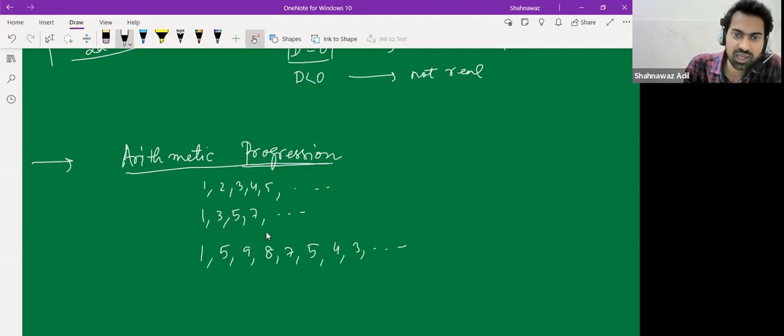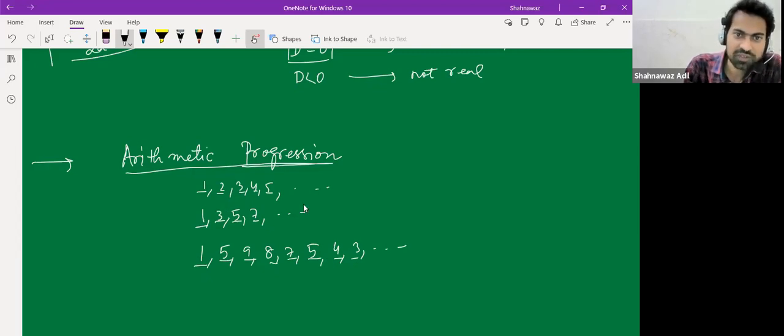So each number is called a term here. These are different terms. Each number represents a term, in this set and in this one also. And they may be following some pattern, or they may not.